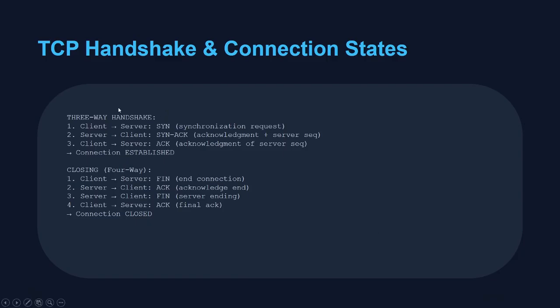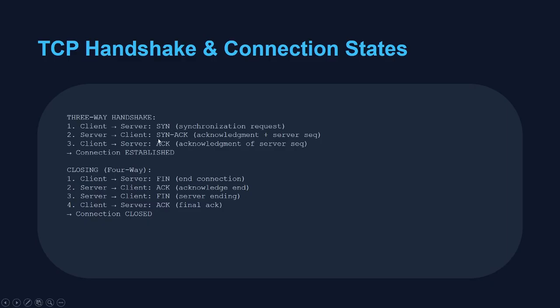There is a three-way handshake for TCP connection. First, the client sends the server a SYN packet, a synchronization request. The server sends the client a SYN ACK, acknowledgement plus server request, meaning I have received your synchronization request.